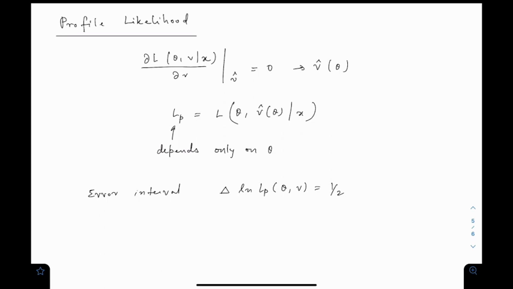In the limit of a large number of observations, where the likelihood function approaches the shape of a normal distribution, the profile likelihood method is identical to restructuring and factorizing the likelihood.